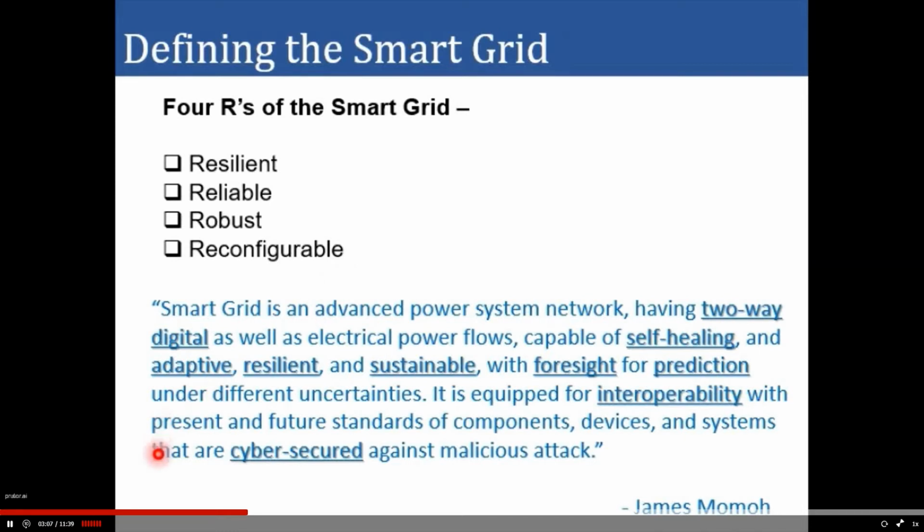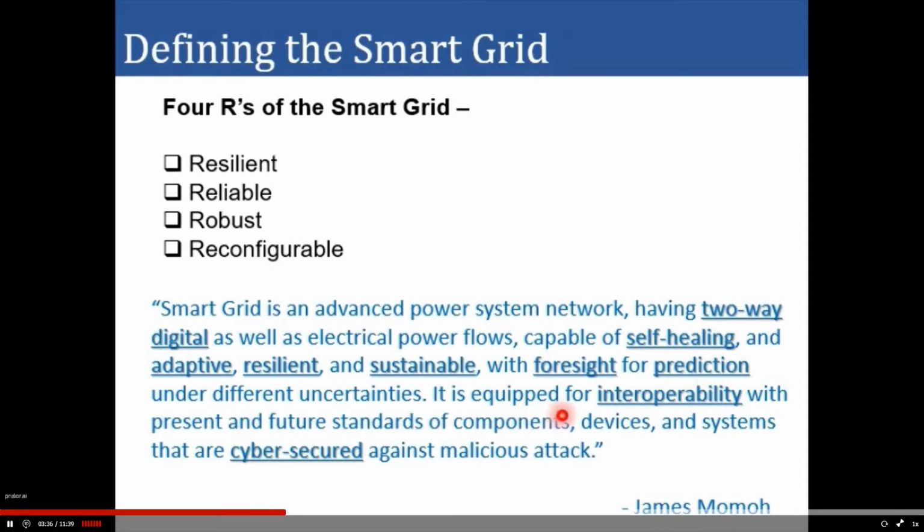Now let's see the various definitions which are given in the literature. As per James Momoh, the definition is that a smart grid is an advanced power system network having two-way digital as well as electrical power flows, capable of self-healing and adaptive, resilient and sustainable, with foresight for prediction under different uncertainties.